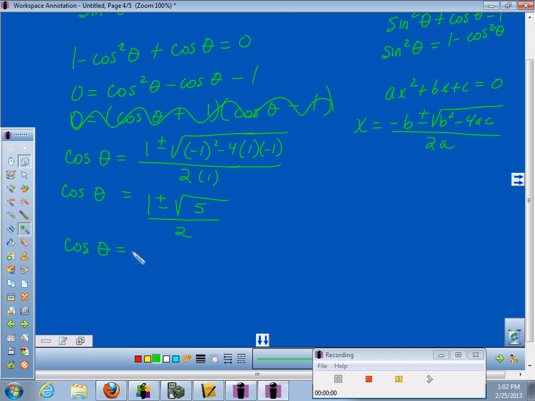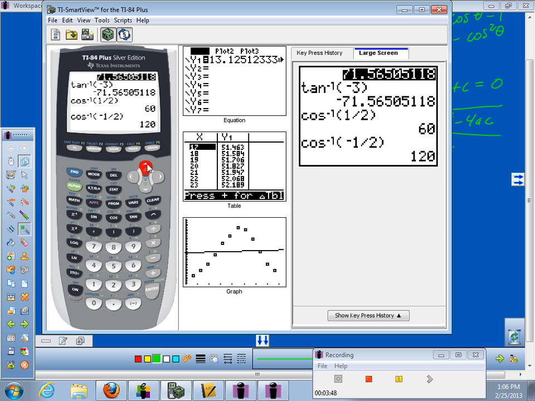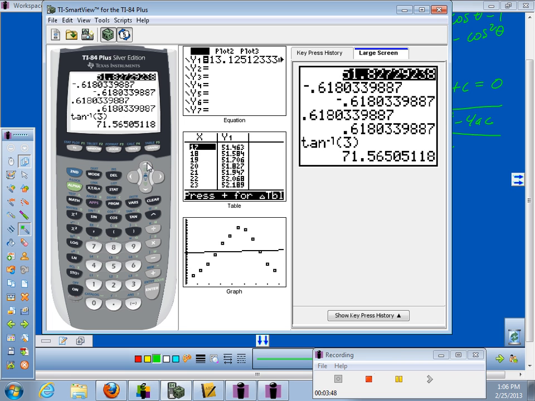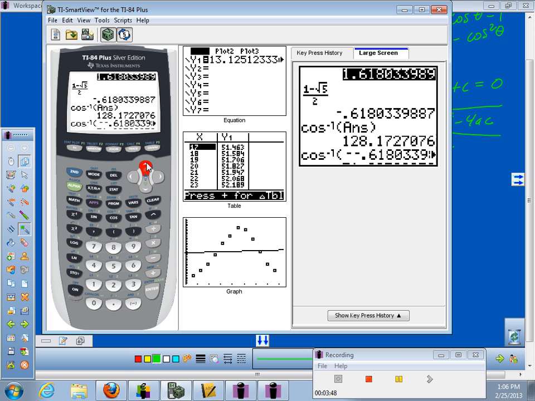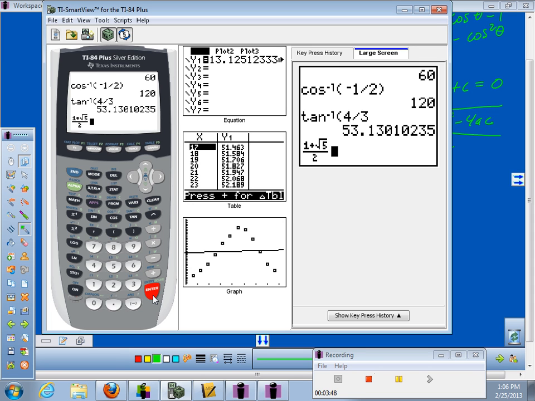So you'll have to do 1 plus square root of 5 over 2. You're going to get 2 answers here. And then you have to go back and do 1 minus square root of 5 over 2. I'm actually going to cheat, I've already got this one in here somewhere. Well, there it is. 1 plus square root of 5 over 2 is 1.61.